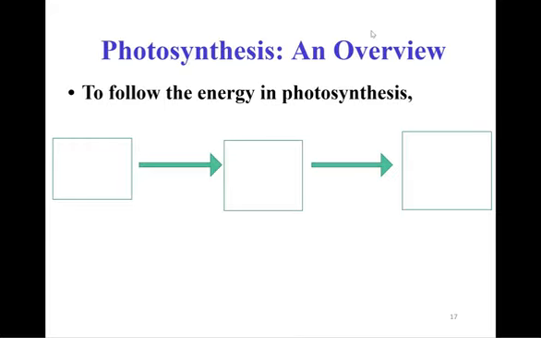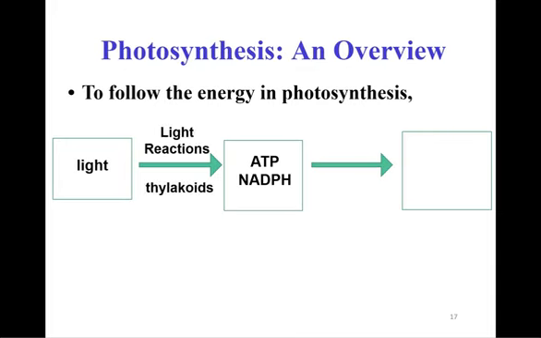So the basic overview, once again, of photosynthesis is you have light, and within this light reaction, it produces ATP and NADPH. This light reaction is happening within the thylakoid, and what else is being released is oxygen.